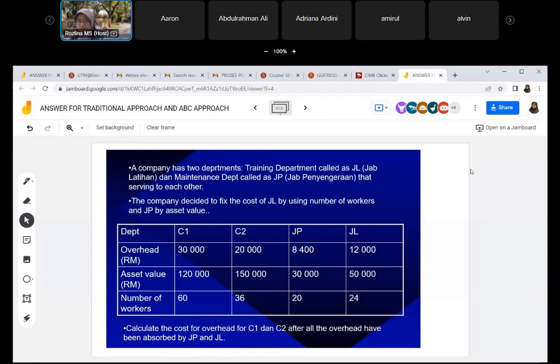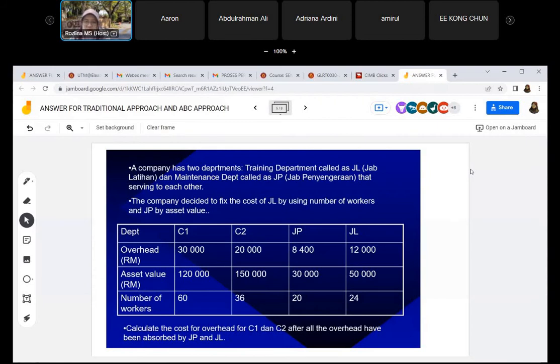Okay. Before you go further, takut nanti ada yang tersilap, nanti patah balik penat kan. Okay, try to how do you process dia punya ni JL percentage dia? JL by using number of workers kan? So you look at the number of workers, you have 60, 36, 20 and 24.